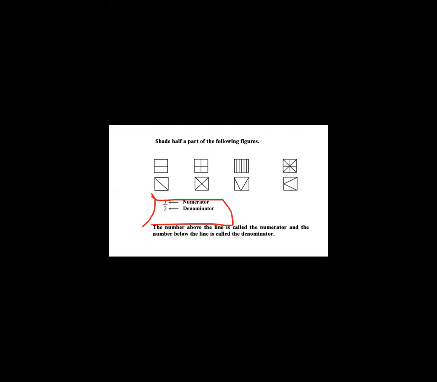The number above the line is called the numerator, and the number below the line is called the denominator. Copy down this also. So any kind of fraction, you have to understand what is denominator and what is numerator. The upper part is numerator and the down one is denominator. If you have done, let me know.